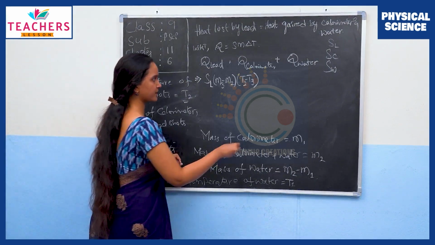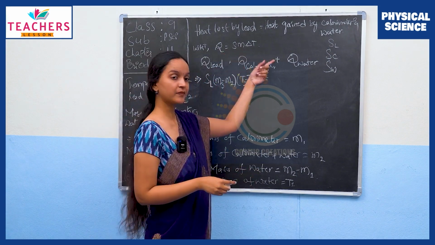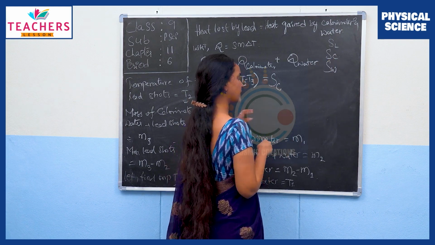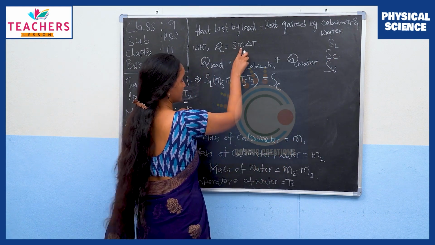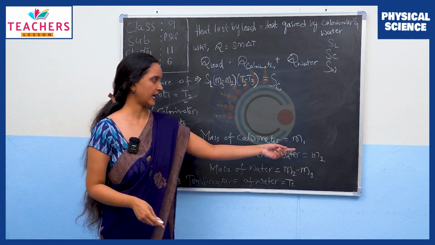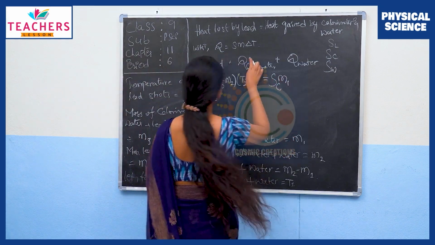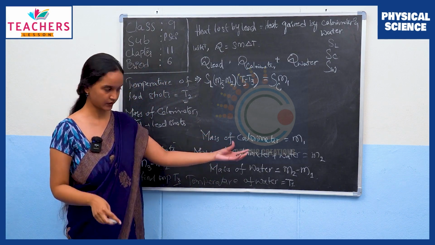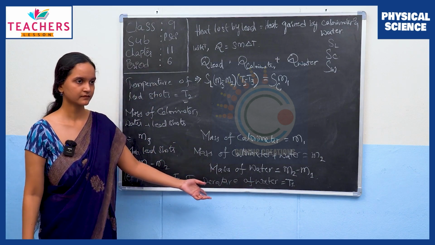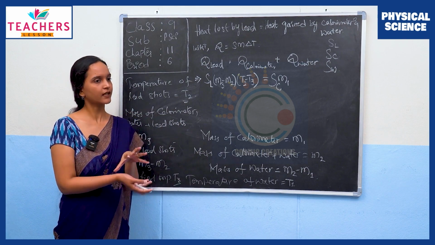Okay. Now, let's see. Heat gained by calorimeter. Q is equal to S m delta T. S specific heat of calorimeter, we thought it to be Sc, and then mass. What is mass of the calorimeter? M1. Correct? So, I'll take M1 and delta T. Change in the temperature of calorimeter. See, the temperature of the calorimeter was T1. Yes, we have written it as temperature of water, but water is present in calorimeter at first.